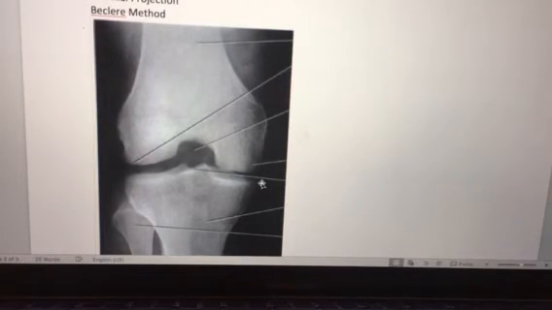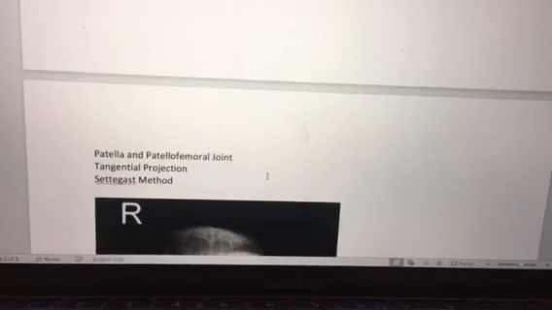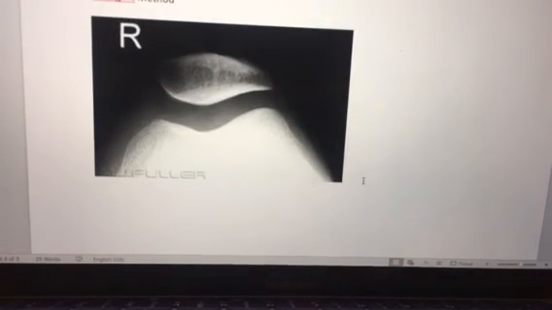And then the next one that we would do would be the Settegast. And for this one, your central ray would be perpendicular to the joint space between the patella and the femoral condyles.